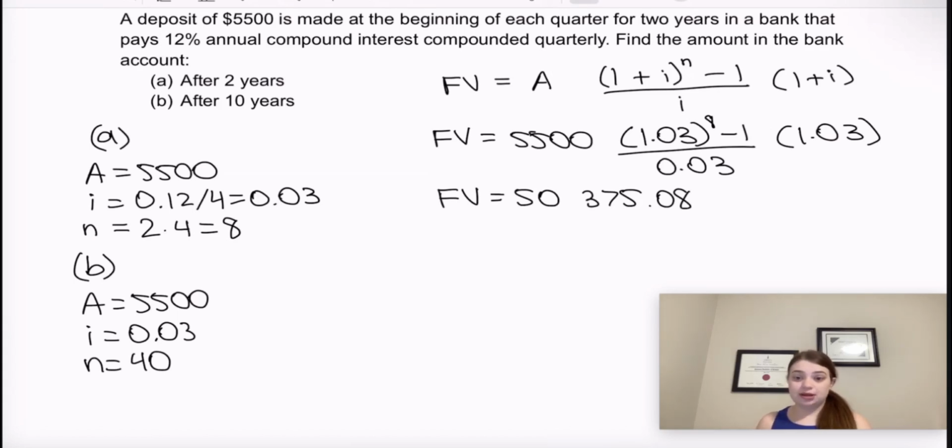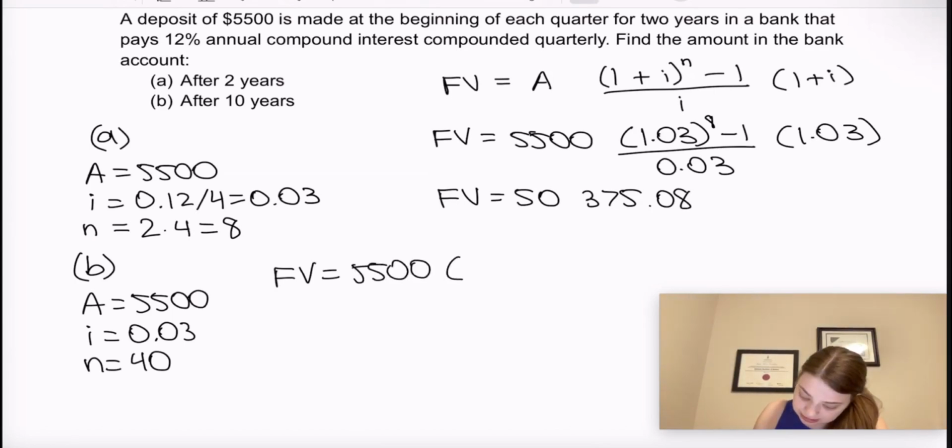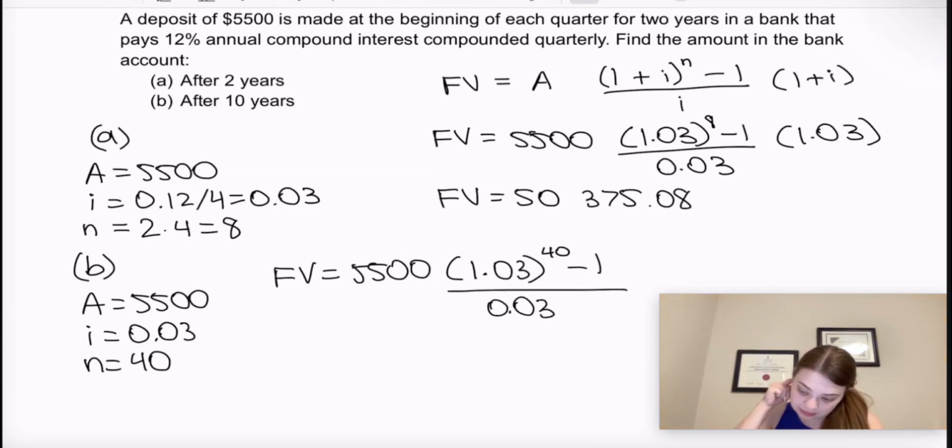Because 10 times 4 per year is going to give us 40. So there's going to be 40 compounding periods now. And so we're going to see a pretty massive difference here. So in this case, future value is going to be equal to 5,500 times 1.03 to the power of 40 minus 1 all over 0.03 times 1.03.